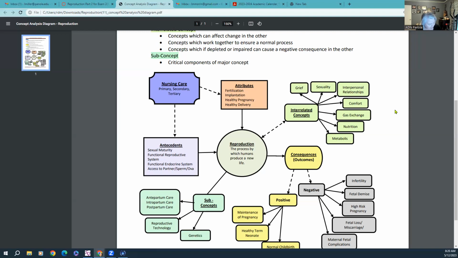So after ovulation, the remaining cells of the old follicle persist for approximately 12 days, and that's called the corpus luteum. Large amounts of progesterone are secreted, as well as some estrogen, to help prepare that endometrium for a fertilized egg. Every month, the female body is getting ready for a pregnancy.